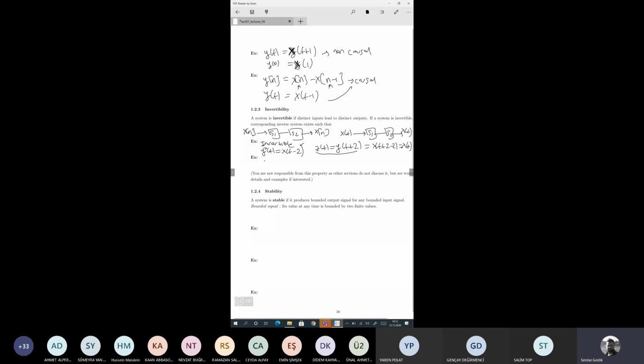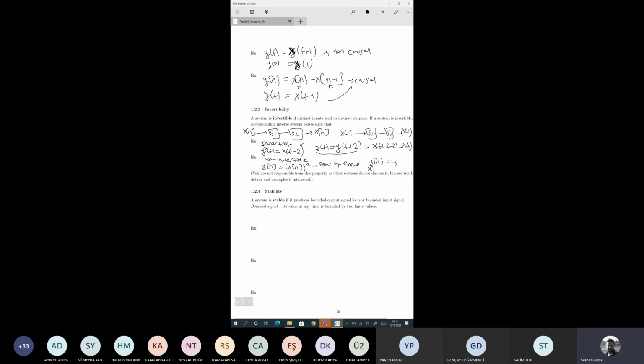Well, as an example of an uninvertible system, or a system that cannot be inverted, let's say y of n is equal to x of n squared. This is an uninvertible system, and I will show this by an example. Let's assume that y of n is equal to 4.